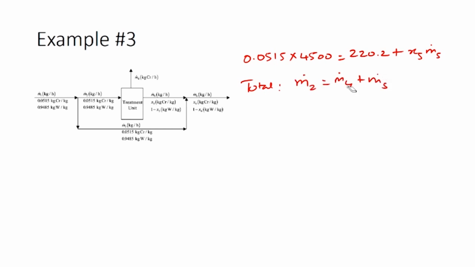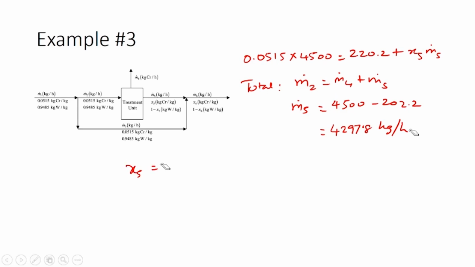We already know M2 and M4, so we can calculate M5 as 4500 minus 220.2, giving a value of 4279.8 kilograms per hour. Substituting the value for M5 dot in the chromium balance, we end up with X5, the mass fraction of chromium in stream 5 leaving the treatment unit, as 0.002707 kilograms per kilogram.